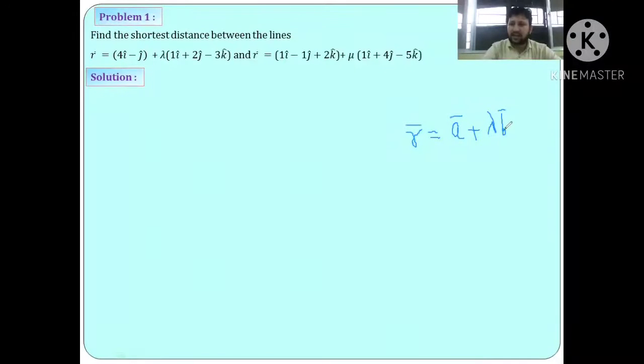Here two lines are given. The equations are expressed as r bar is equal to a1 bar plus lambda times b1 bar, and the second line as r bar is equal to a2 bar plus, instead of lambda, the next scalar mu times vector b2 bar. Compare these given equations of lines.